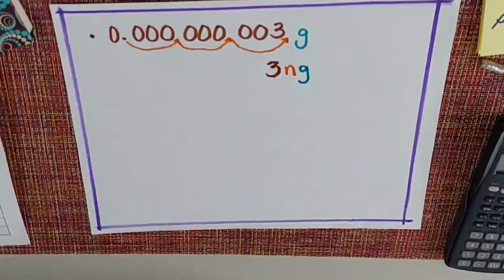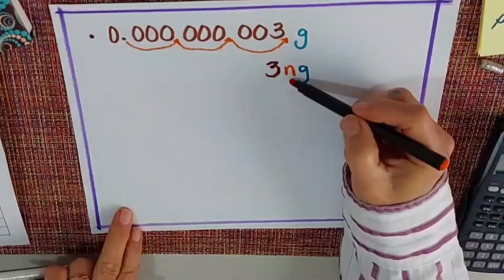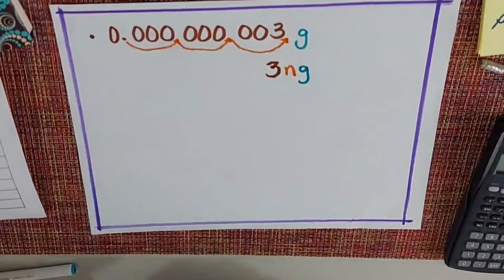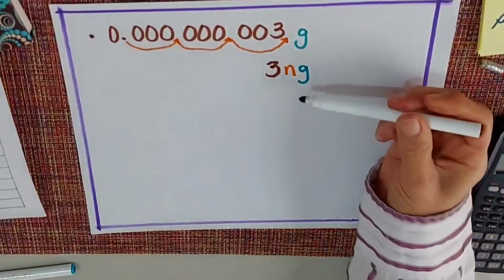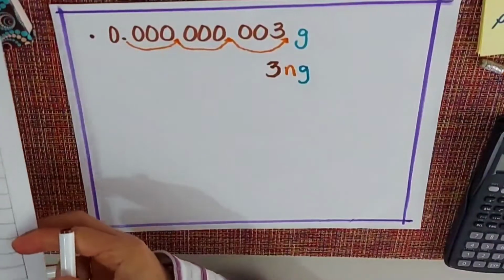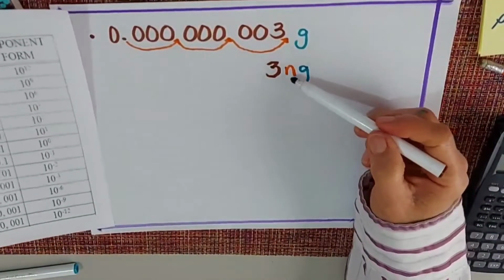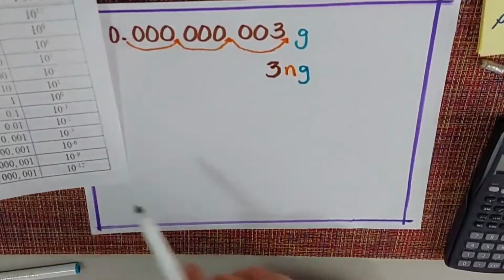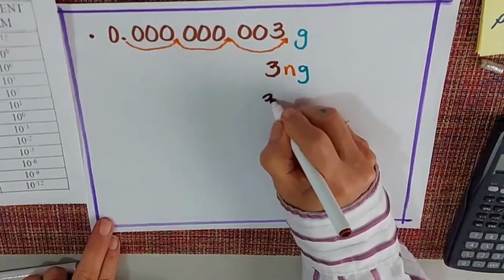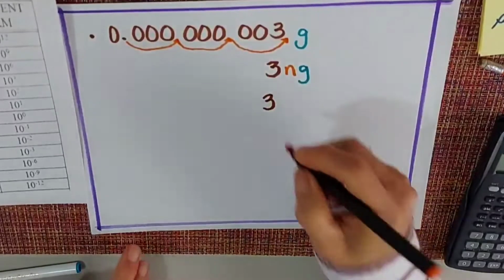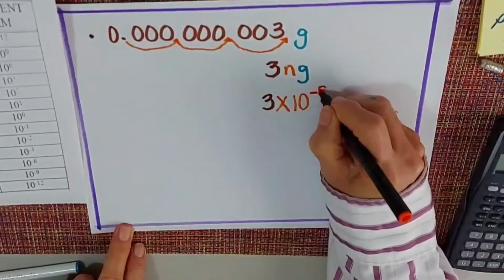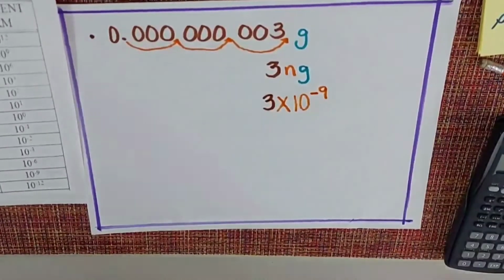And also we can write this number with exponent form. The exponent form for nano is 10 to the minus 9. Then 3 times 10 to the minus 9 grams.